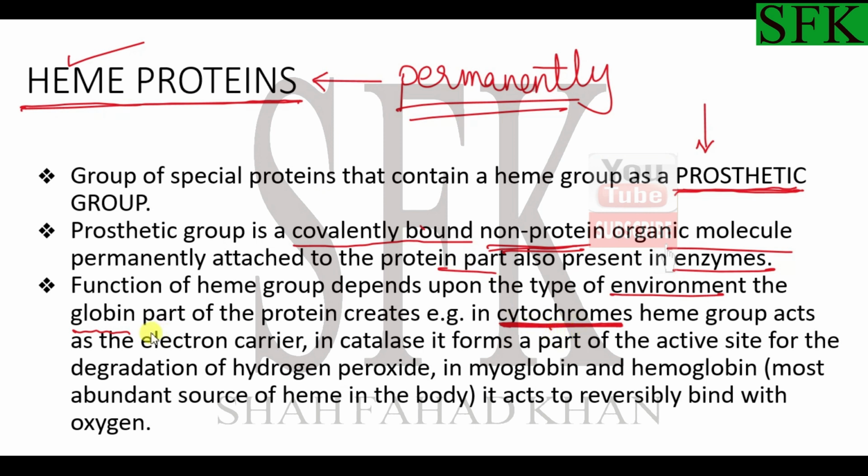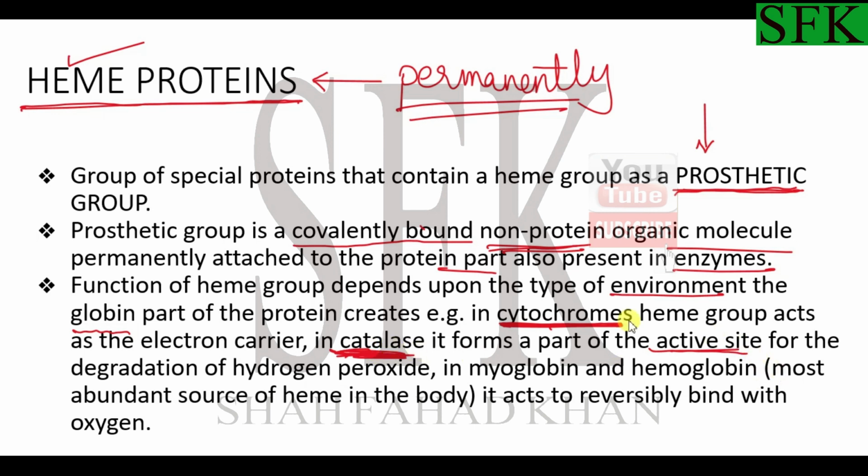Okay, they accept electrons. Then in enzymes like peroxidases and catalases, heme groups are present as a constituent of the active site. The role of catalase is degradation of hydrogen peroxide when it is produced, because you guys know that hydrogen peroxide is toxic to the cells, so it has to be broken down by catalase.